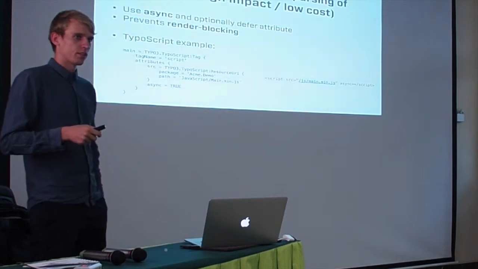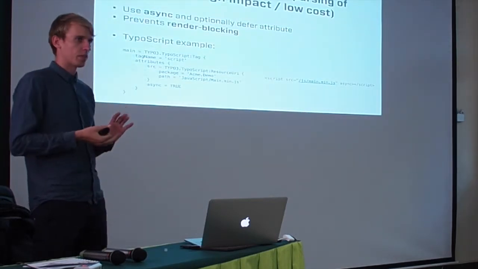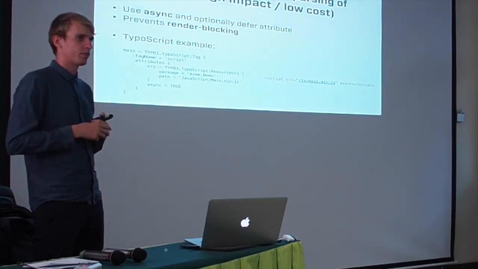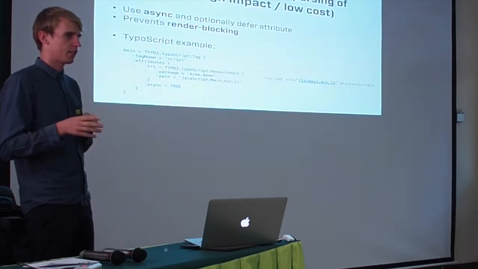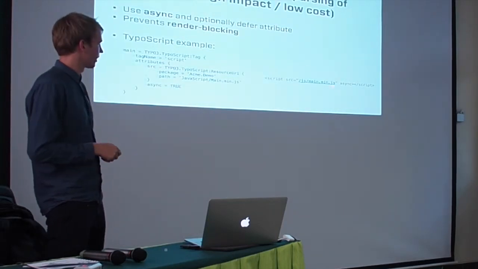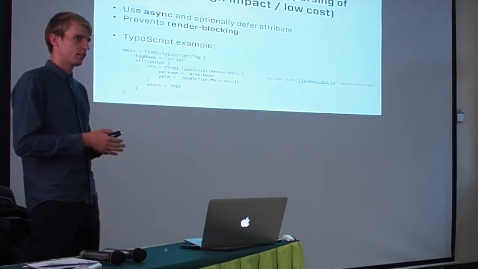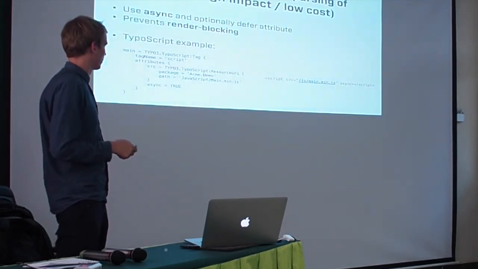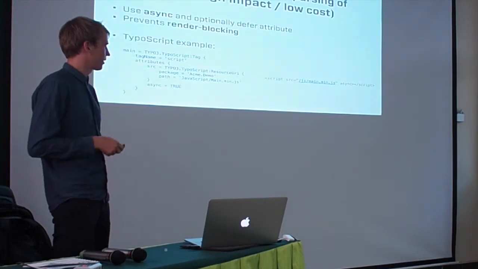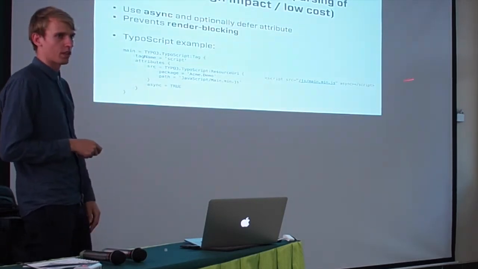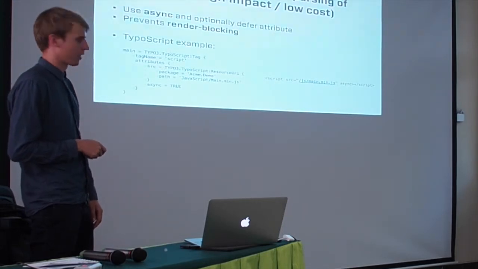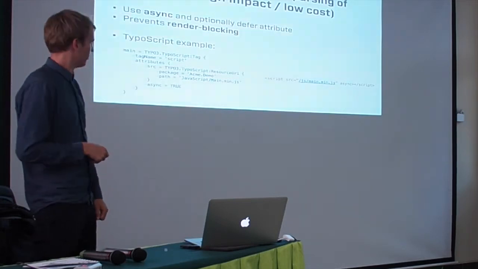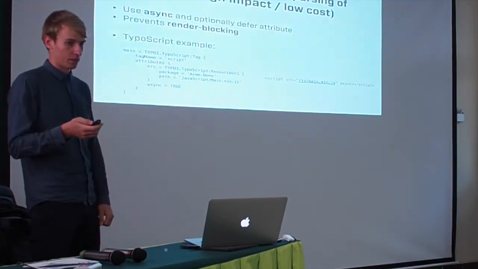So if you have something that's not changing anything on the page, like progressive enhancement or adding click events to stuff, you can do it like this because it's not needed to actually render the page. So everything that's not needed to render the page, do this. There's a small catch, which is to avoid having multiple scripts if you have dependencies. If one script depends on another, it becomes tricky, which is why one file makes it easier.